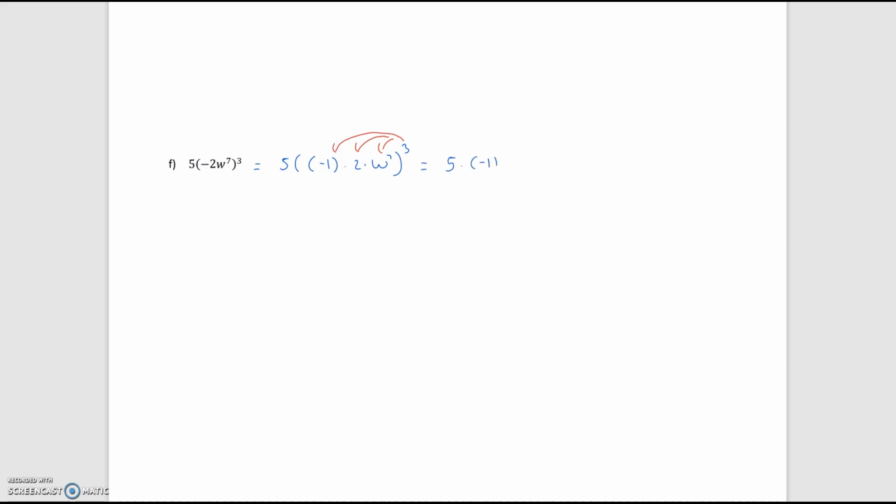So this will be 5 times -1 to the 3rd times 2 to the 3rd times w to the 7 times 3. Or 5 and -1 to the 3rd, it's going to be -1 times -1 times -1. Both of the first two will make a positive, so that would be 1 times -1, or -1.